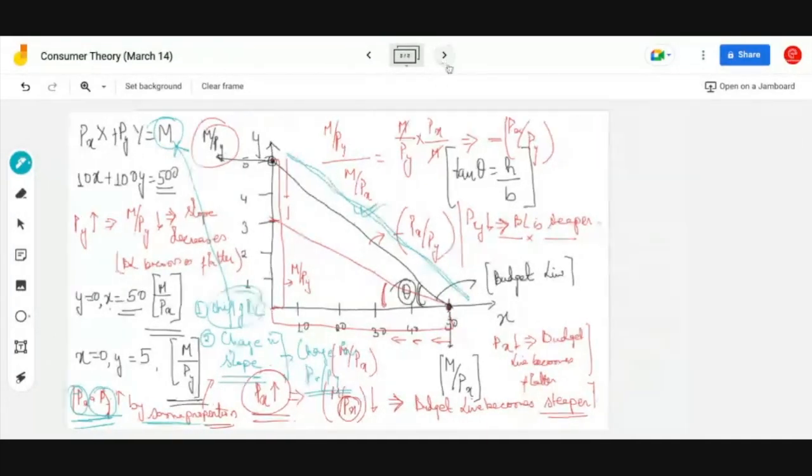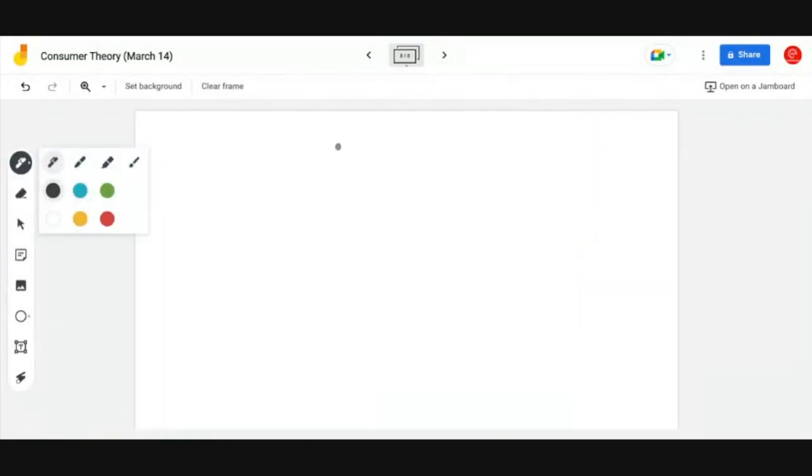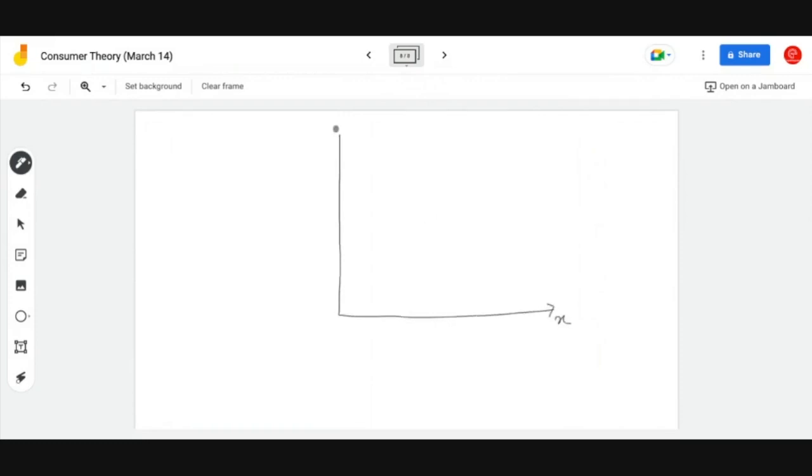Let me tell you how. This is X and this is Y. Let's say this point is M upon Px and this point is M upon Py. Now let's say Px increases. This means that this point will move this side.